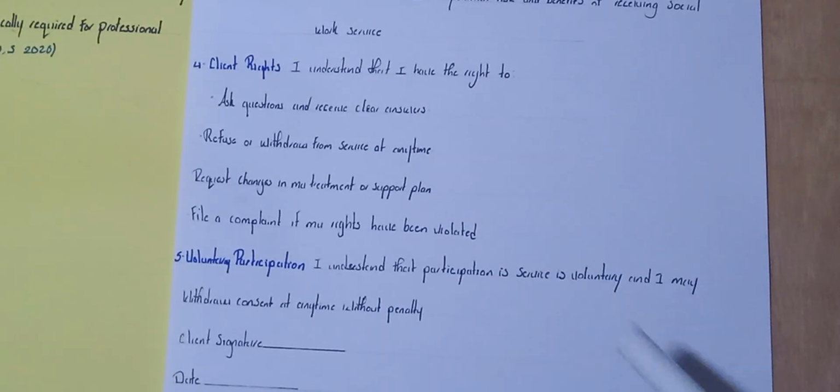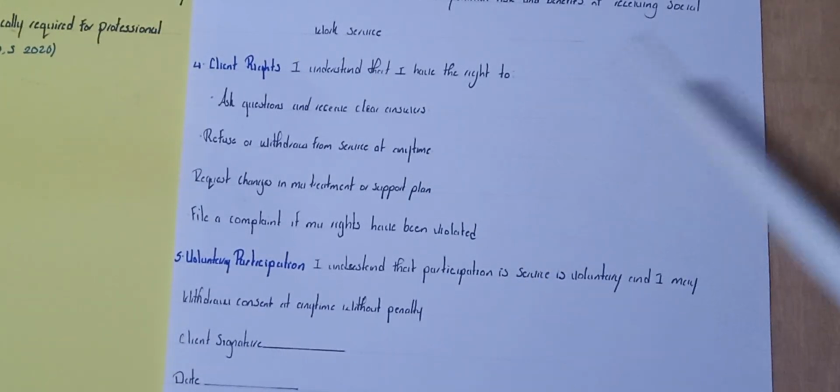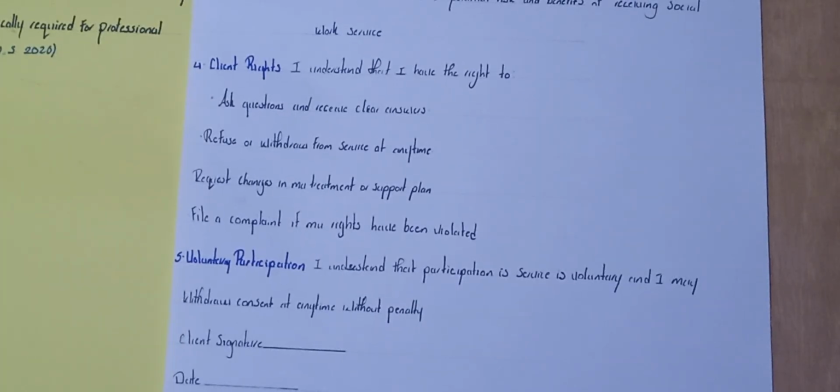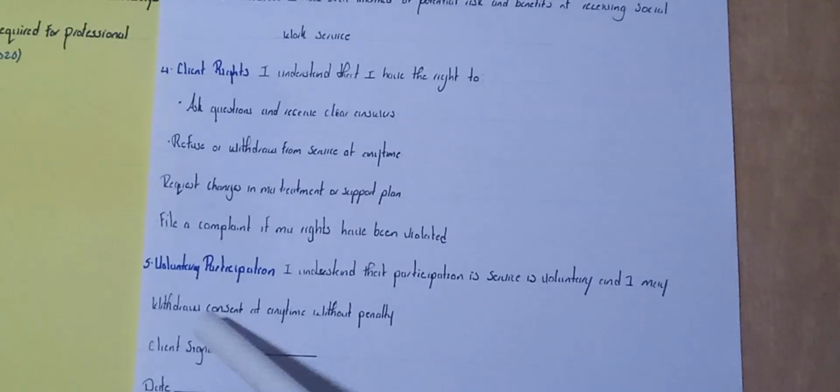I understand that I have the right to continue with the service or withdraw from the service, ask questions and receive clear answers. So those are some of the examples that can be on the informed consent form.